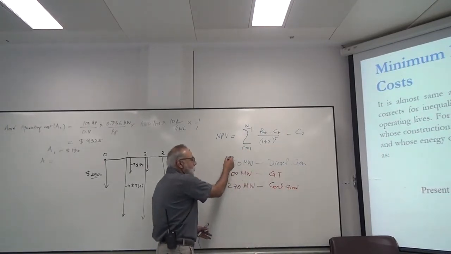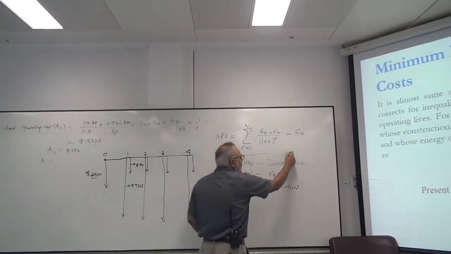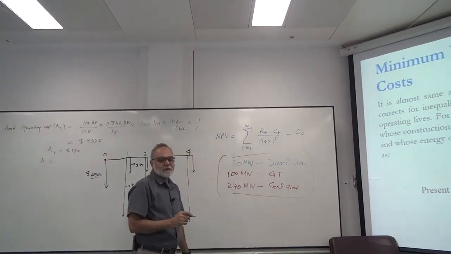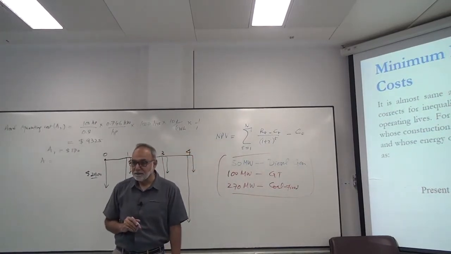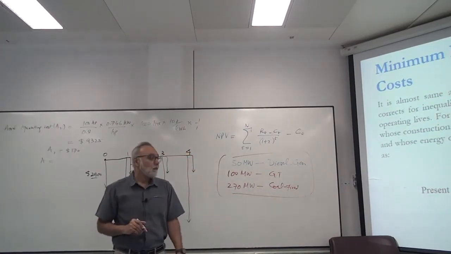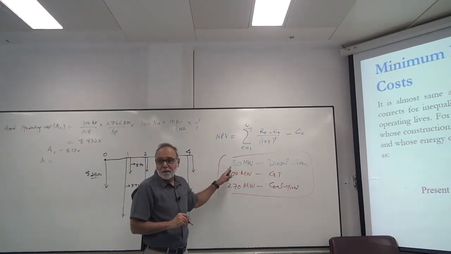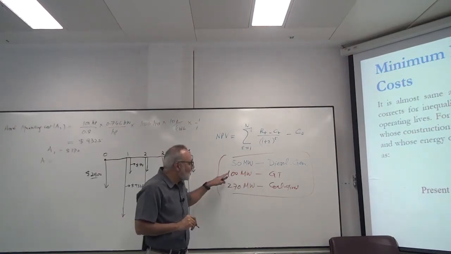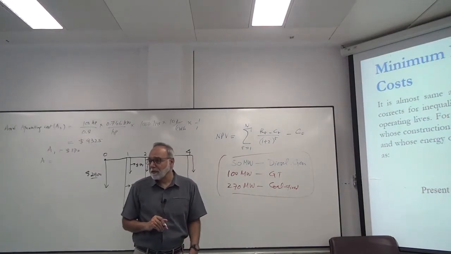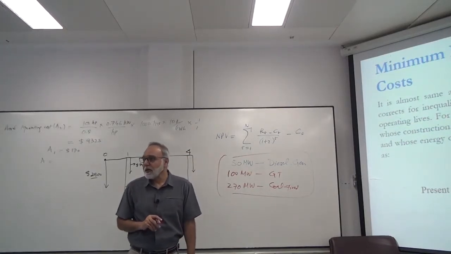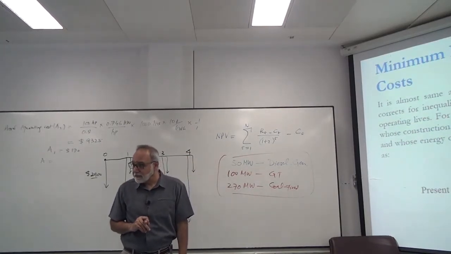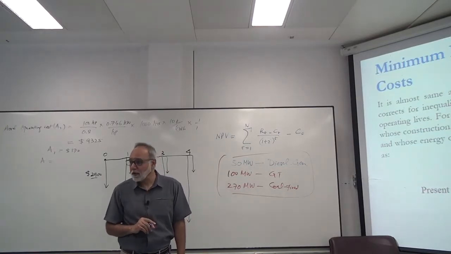All these three are different sizes and you want to see which is better. They may have different lifetimes, different operating costs, different capital costs, but still we can compare these on the basis of per unit.